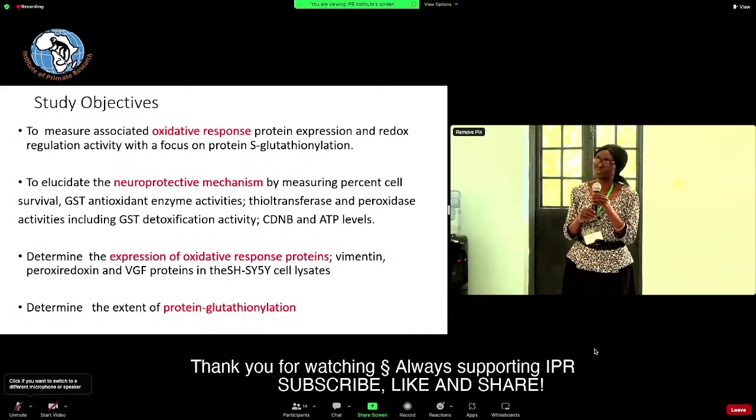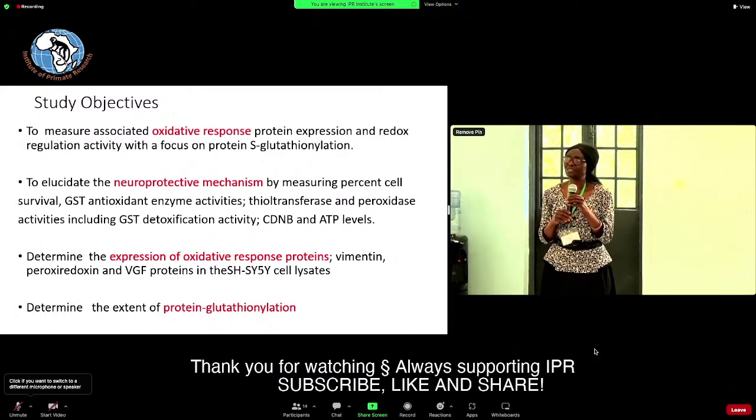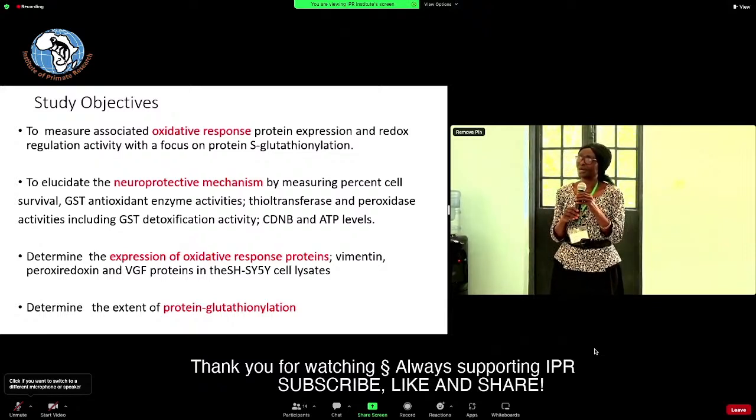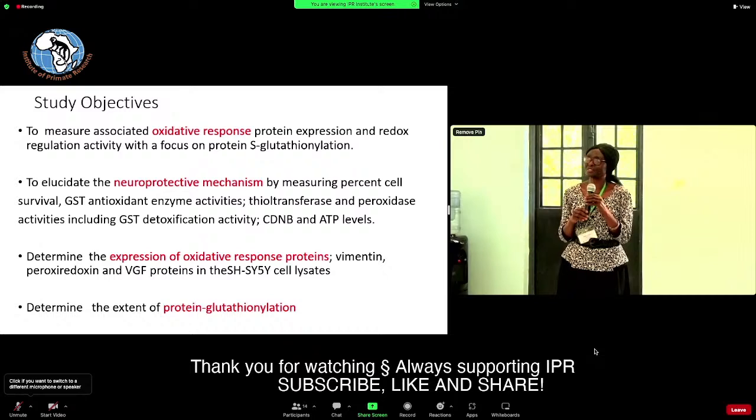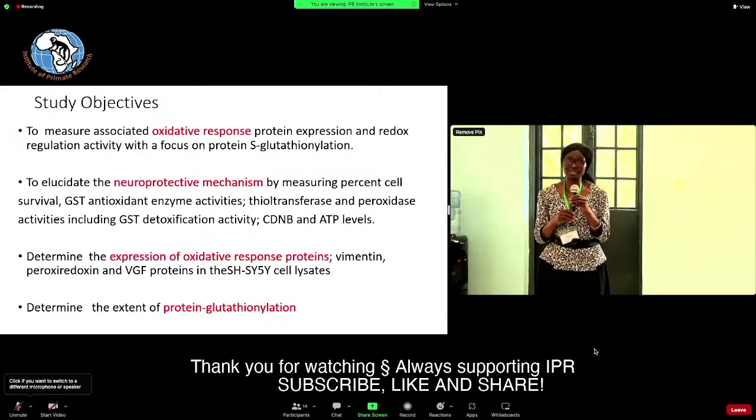Also to elucidate the neuroprotective mechanism by measuring percent cell survival, and looking at enzymes like glutathione antioxidant enzyme activity, thiol transferase, and peroxidase activities. And then number 3 is to determine the expression of oxidative response proteins and the extent of protein glutathionylation. So these were the objectives this paper was addressing.